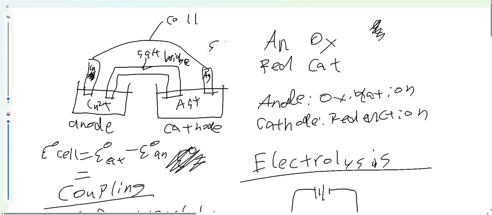I happen to know that E naught silver is equal to 0.80 volts. And I also happen to know that E naught copper, specifically copper 2 plus, is equal to 0.34 volts. So what I can do is 0.80 minus 0.34, and I get that the final answer for our E naught cell is equal to 0.46 volts.